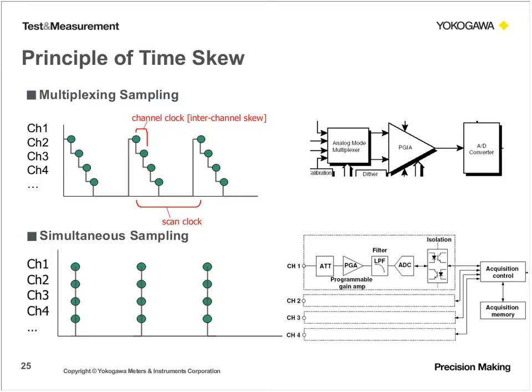We typically find this on multi-channel systems where you're working with maybe 16 or hundreds of channels on one input module. One cost-effective way of building that module is to employ this multiplexing technology, where you're stepping through each channel and aggregating the data before you display it on the screen. Typically with a multiplexing type instrument, you have one A to D converter that's handling all the digitization of all the channels.